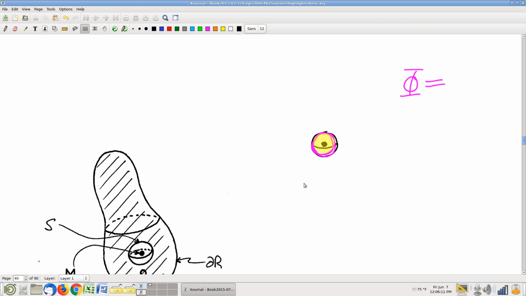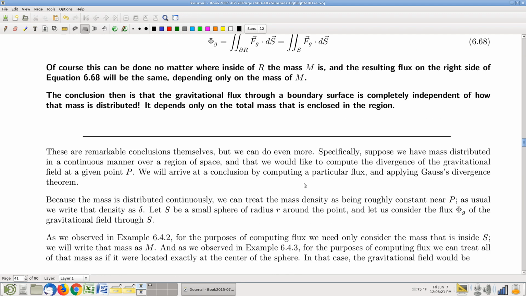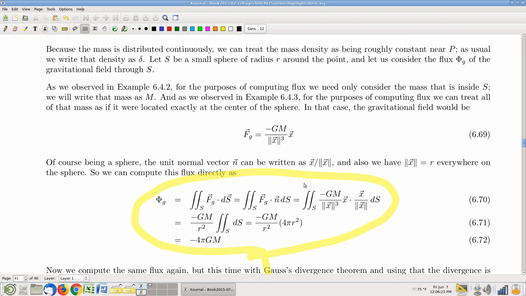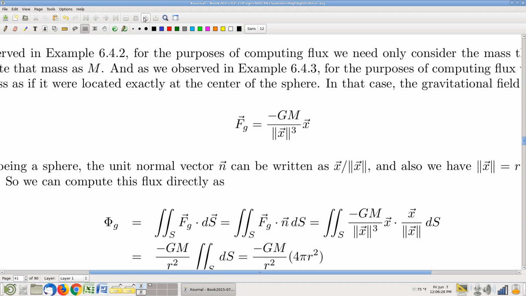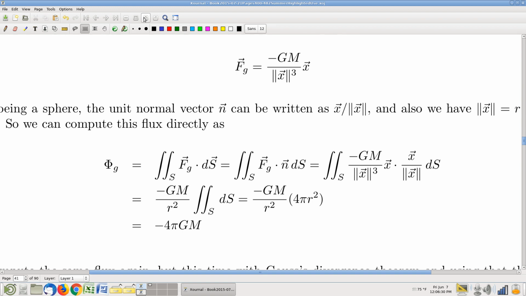So if this little ball that I'm looking at is sufficiently small, then the density in there is approximately constant. Okay, so here's where I'm sitting then. If I want to compute that flux, sorry, I got ahead of myself.